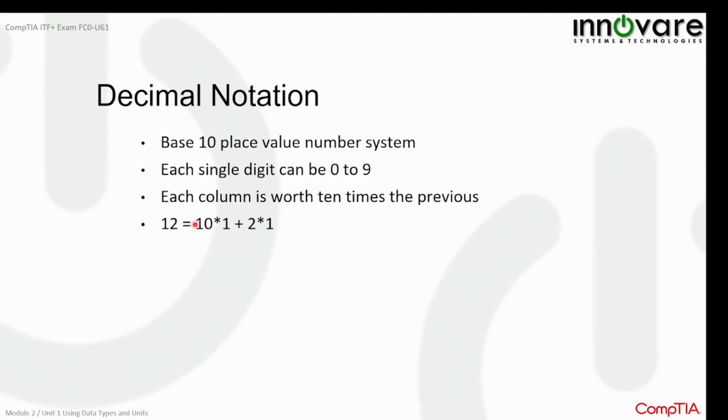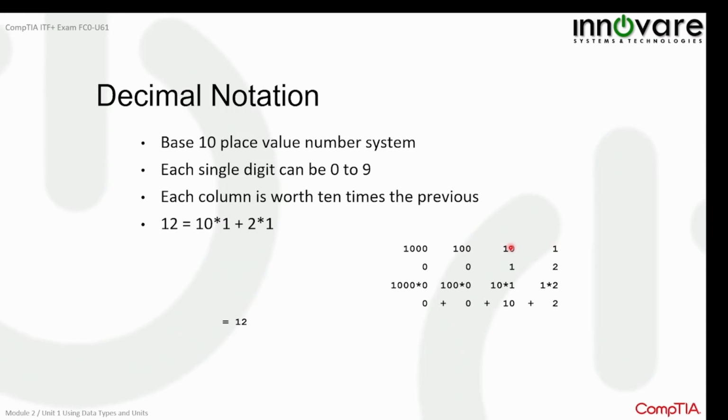For example, a decimal number of 12 is actually 10 and 2. So how is it being calculated? If we expand that, the decimal number 12 has a unit number 1, and the succeeding place is always 10 times the previous.